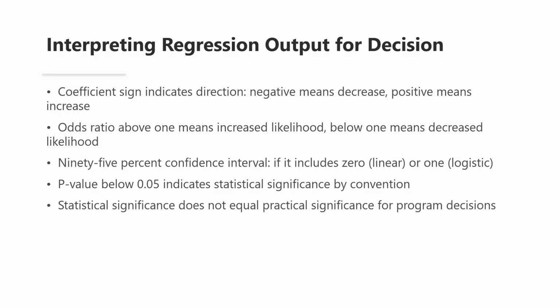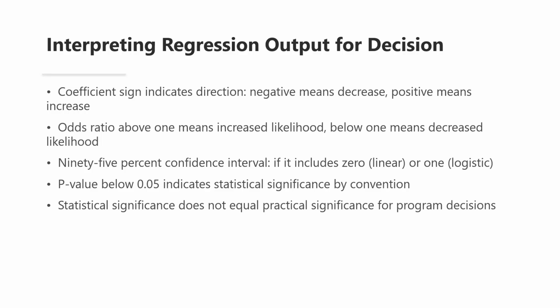A program might produce a statistically significant reduction of 2 millimeters of mercury in blood pressure across thousands of participants, but that reduction may be too small to have any meaningful clinical or public health impact. The MCHES exam expects you to understand that program decisions should consider both the statistical evidence and the practical importance of the findings.